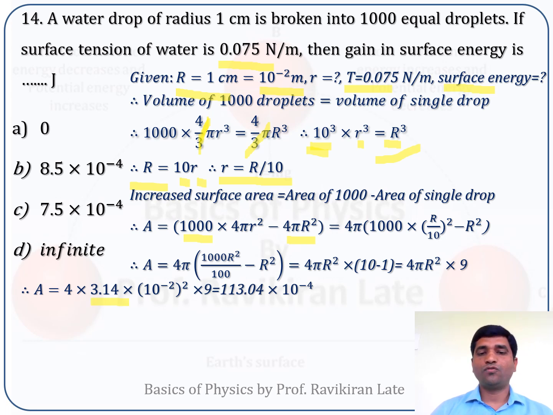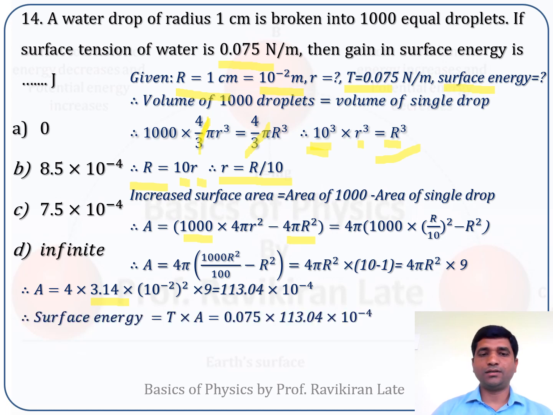So it will be 4 as it is into pi value 3.14 into 10 raised to minus 2, which is the radius of capital R, that will be 10 R. If I further simplify this, I'll get the increase in area in this fashion.